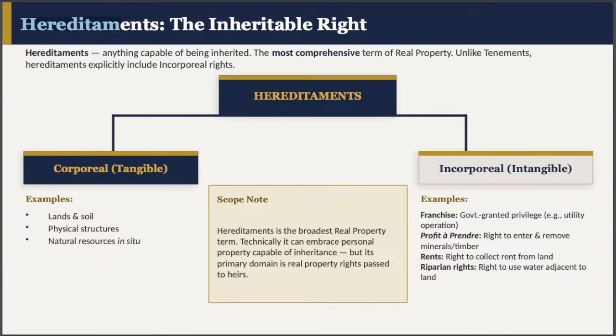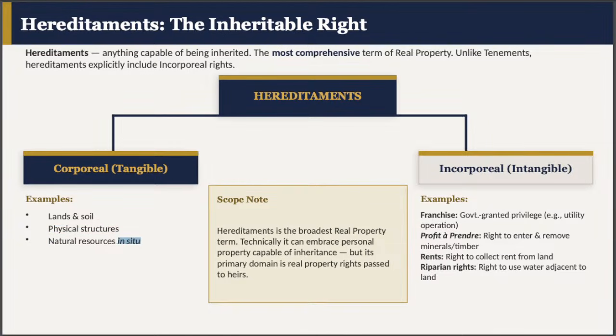All right, we're on to hereditaments now, the inheritable right. Hereditaments are anything capable of being inherited, the most comprehensive term of real property. Unlike tenements, hereditaments explicitly include incorporeal rights. So we have hereditaments, which have corporeal rights, the tangible: land and soil, the physical structures, and the natural resources in situ.